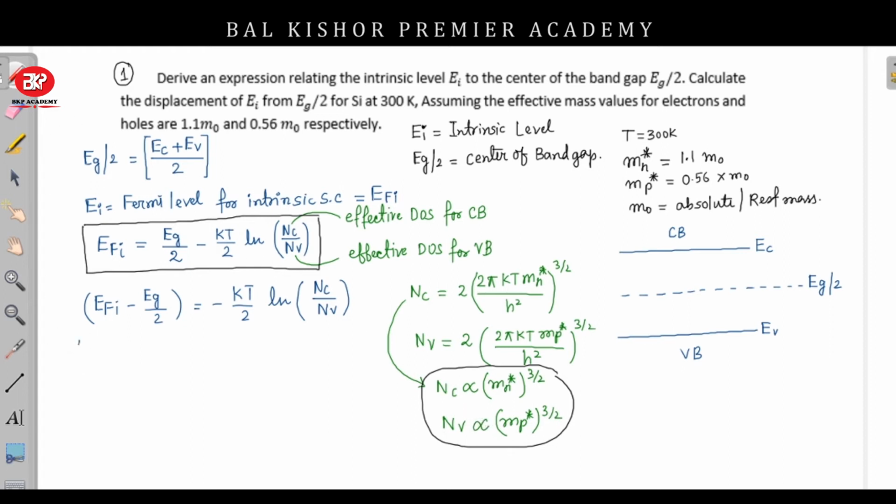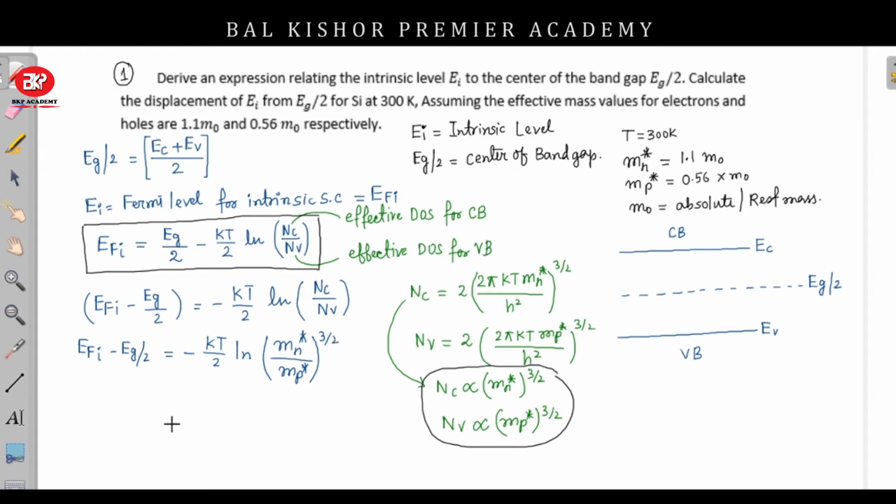So it will be looking like this, that EFI minus Eg divided by 2 will be minus KT divided by 2 ln of (Mn star divided by Mp star) to the power 3 by 2.